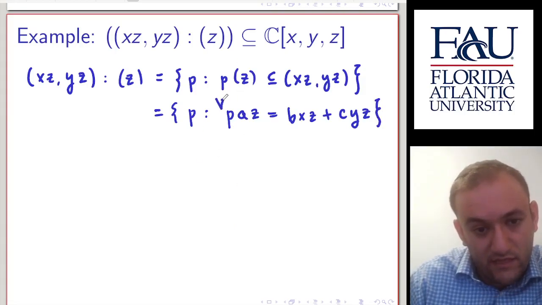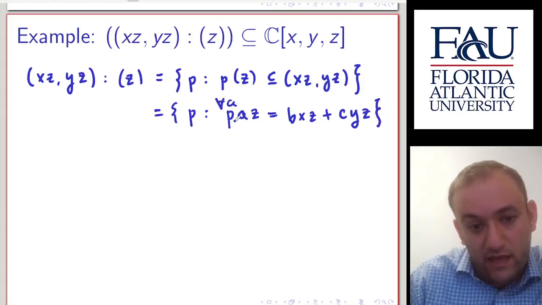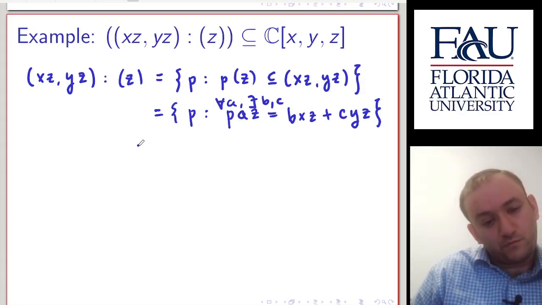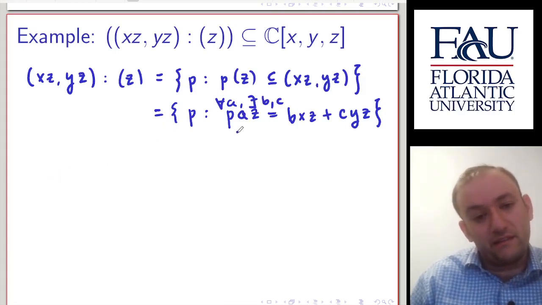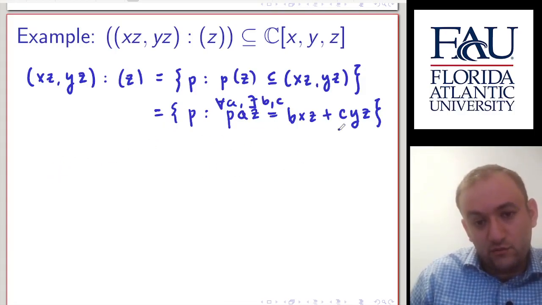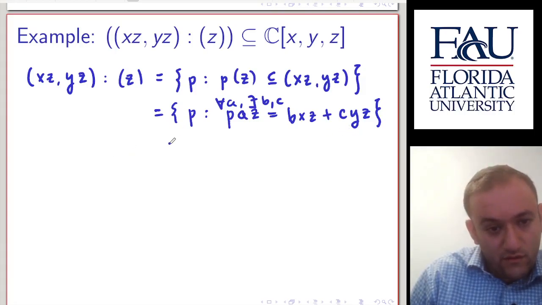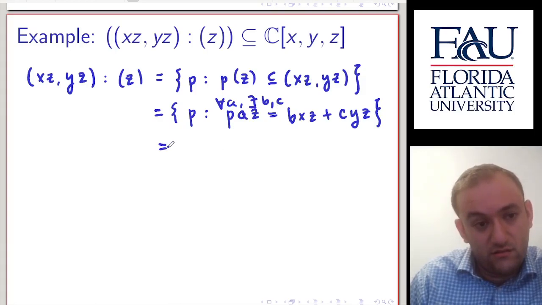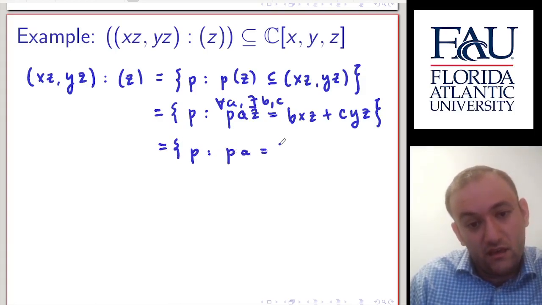And this means for any a, there exist b and c. Okay. So how can we unpack this? Well, if paz equals bxz plus cyz, we can factor z out of both sides of that equation. Set of p such that pa equals bx plus cy.